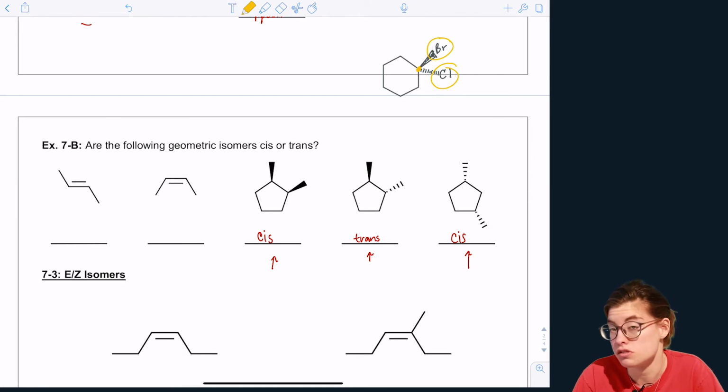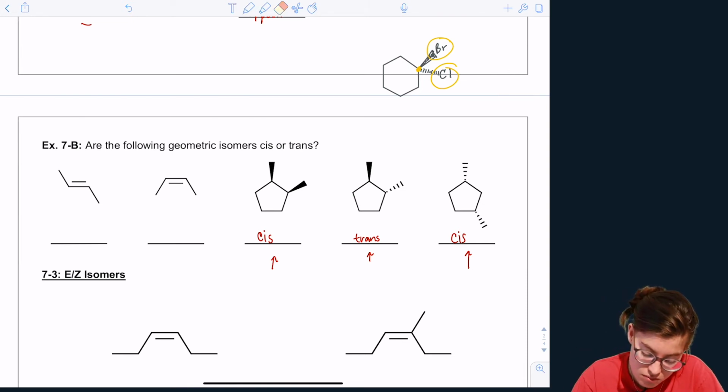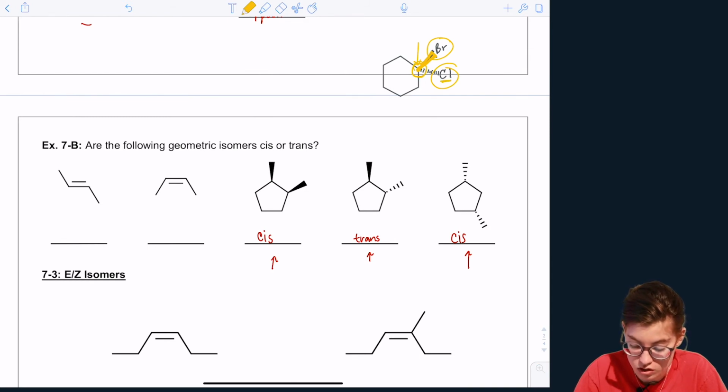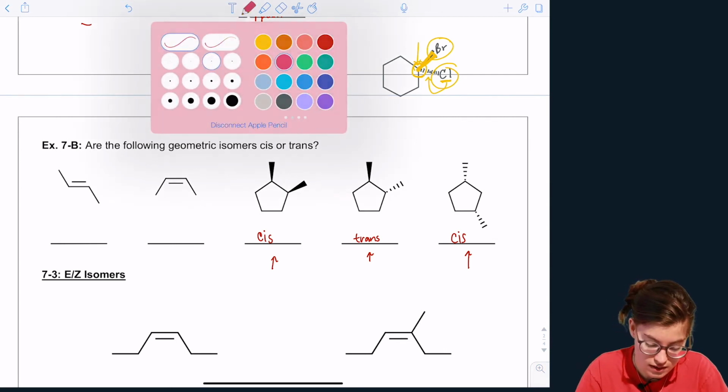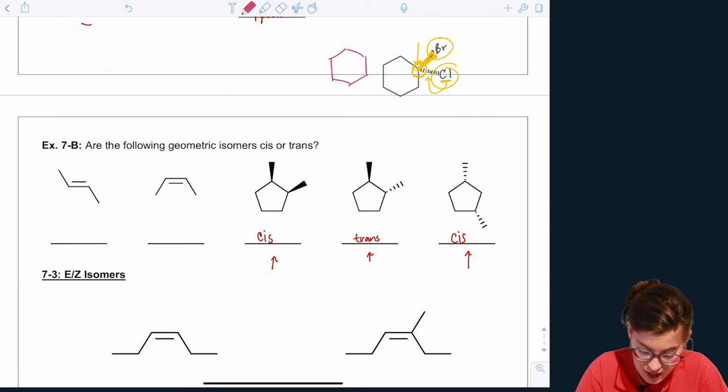So even though I have two substituents on this ring, I would not give a relationship of cis-trans here because it doesn't really make sense. If the bromine is on a wedge, then because of the geometry of this carbon, that means the chlorine has to be on the dash, always, okay? If I drew another six-membered ring and I put the chlorine on the wedge, what would the bromine be on?